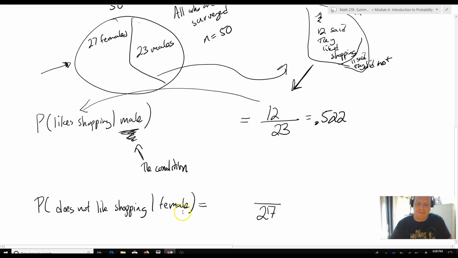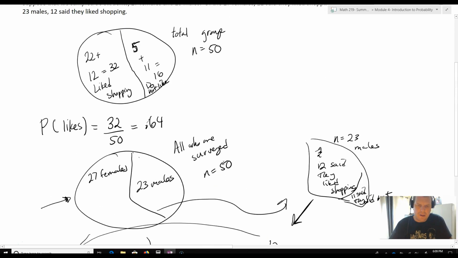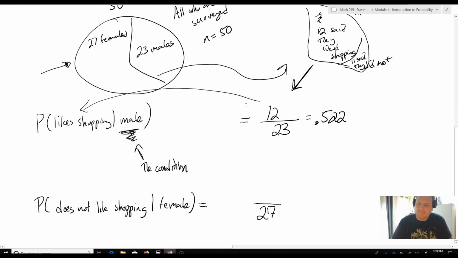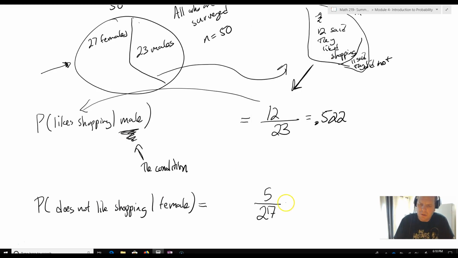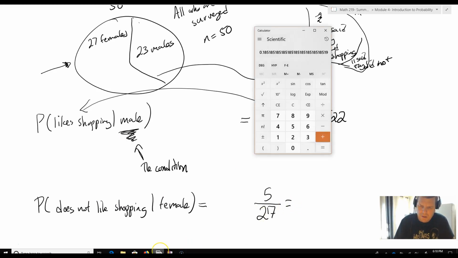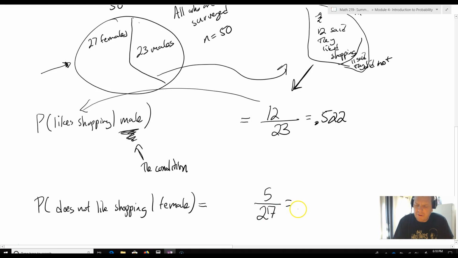And of those 27 females, we know that 5 of them do not like shopping. That was what we got before. So it's now 5 out of the 27. Okay? 22 of them like shopping, that means 5 of them did not like shopping. So 5 out of 27 is equal to 0.185.